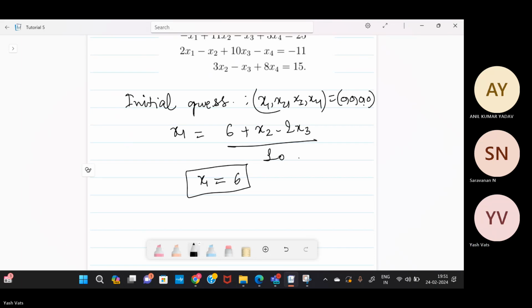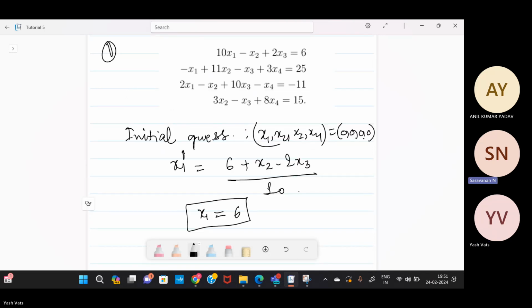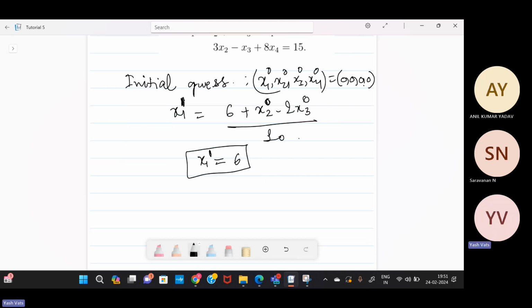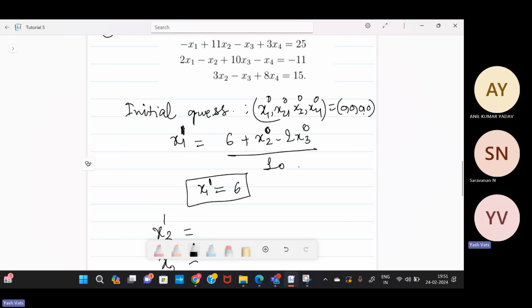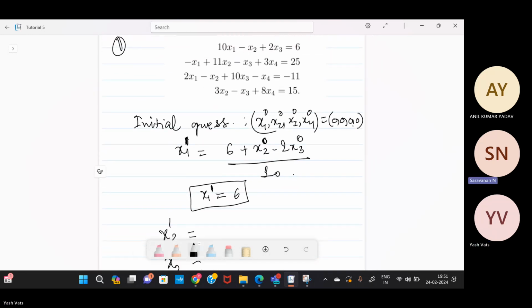Can we see these equations on screen because it is going faster. x1 equal to 6. Yeah, so it is after the first iteration. Okay, these are 0. So what is x2? What is x3? Tell me once, I will verify it once you verify this.